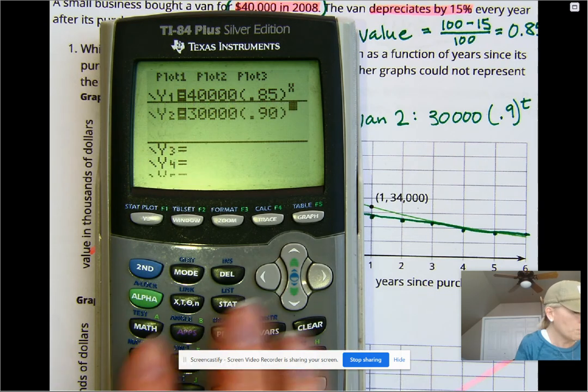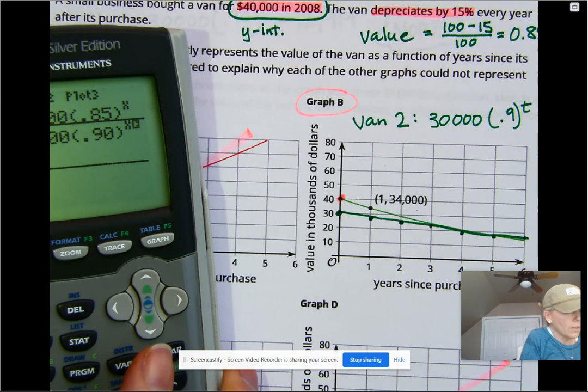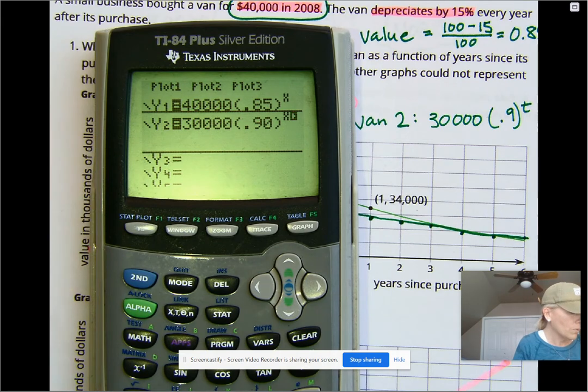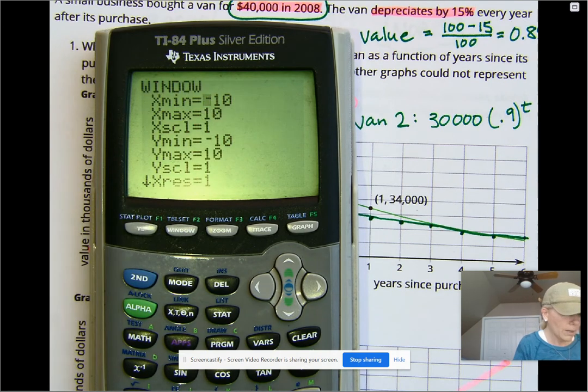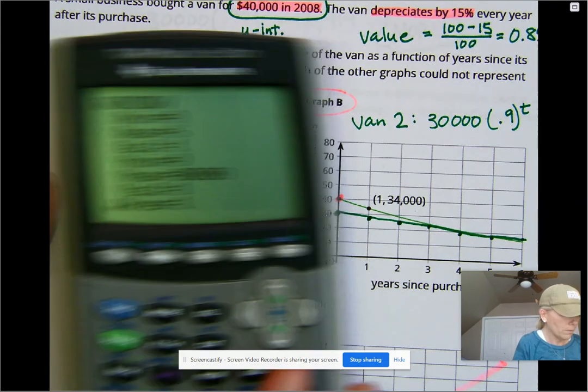And I'm going to change my window so it looks like the window on here. It goes from 0 to 80,000. So I'm going to say the x goes from 0 to 6, counting by ones, the y goes from 0 to 80,000, counting by 10,000.